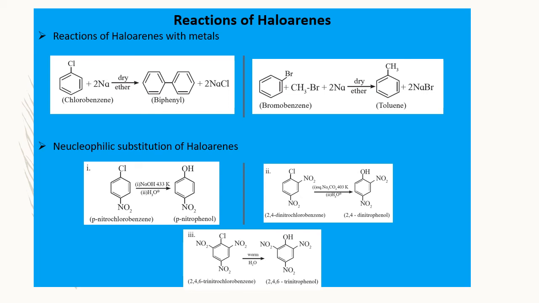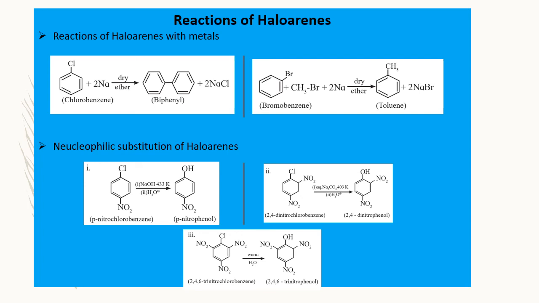Another chemical property of haloarene is nucleophilic substitution. Aryl halide shows low reactivity towards nucleophilic substitution reaction, and it is due to resonance effect and sp2 hybrid state of carbon. Thus, nucleophilic substitution reaction involving cleavage of C-X bond in haloarene proceeds with difficulty.